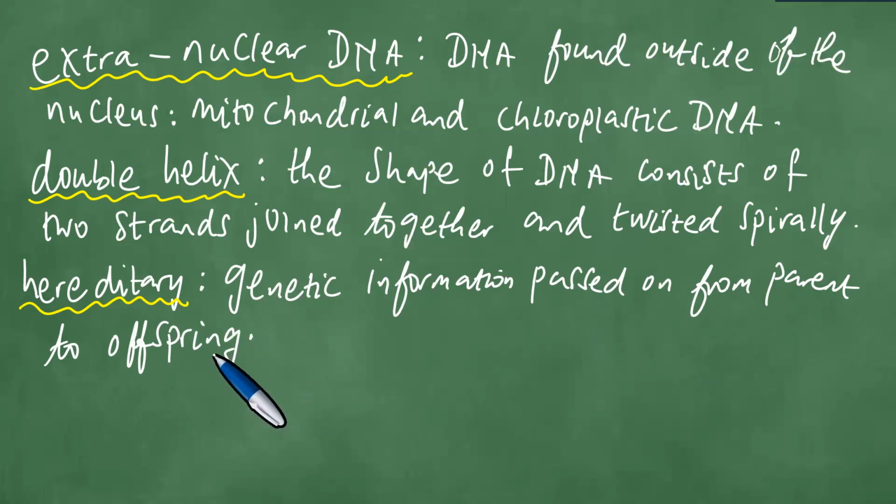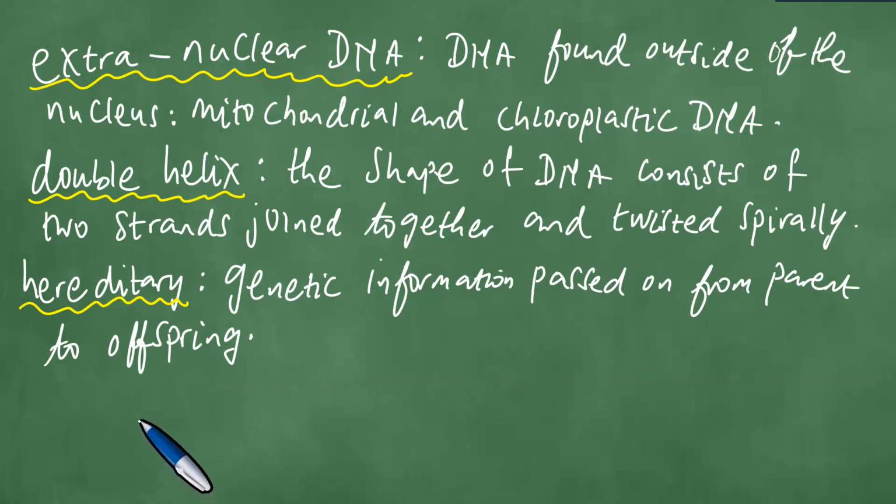Hereditary is genetic information passed on from parent to offspring. So it's just genetic information that is passed on from generation to generation.